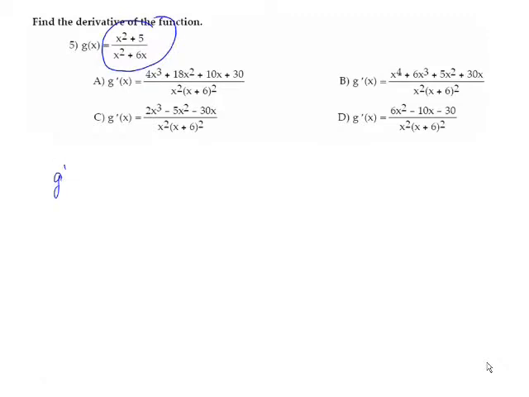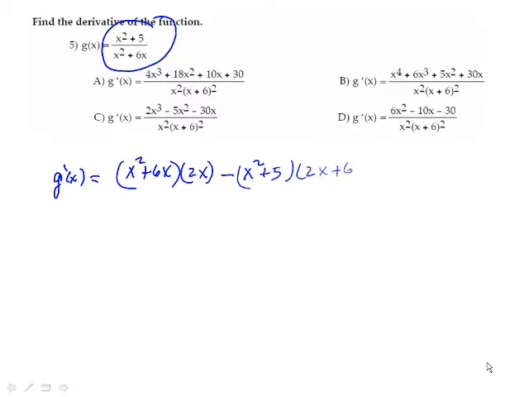G prime of x would be equal to the denominator, which is x squared plus 6x, times the derivative of the numerator, which is 2x, minus the numerator, x squared plus 5, times the derivative of the denominator, which is 2x plus 6, divided by the denominator squared, which is x squared plus 6x, quantity squared.